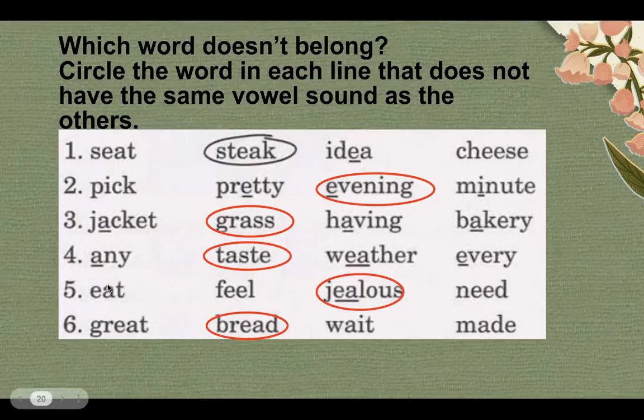The word jealous doesn't belong in this line because jealous goes with the vowel sound air. However, the rest three words go with the vowel sound E, like eat, feel, need. So jealous doesn't belong in this line.